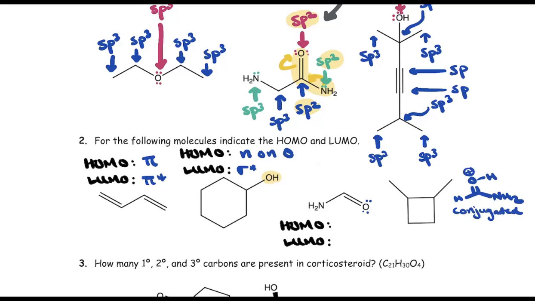Now, looking at the lone pair on nitrogen, if you protonate the nitrogen, then what you end up seeing is that the more electronegative atom is protonated, but you do lose your conjugated system here.